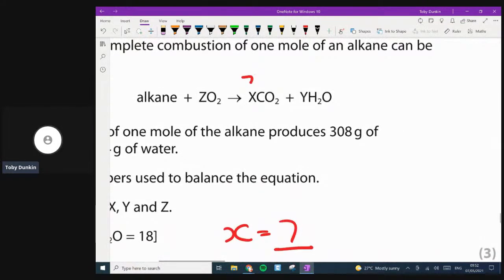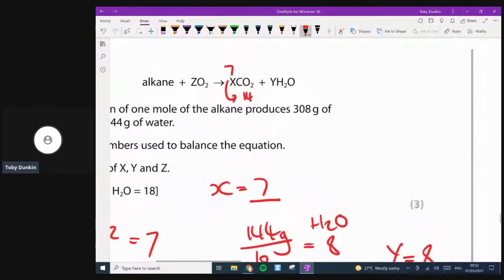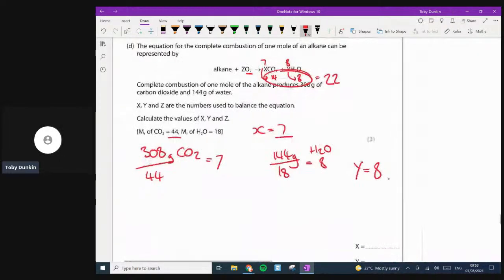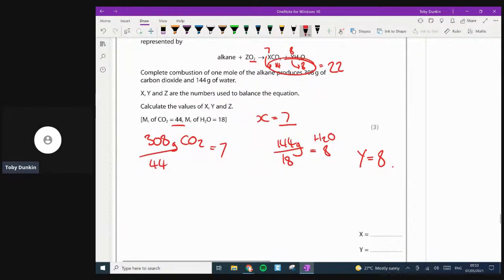X was 7, so if I had 7, then I had 14 oxygens. And I had 8 waters, so this is going to be 8 oxygens. The total number of oxygens is 14 plus 8, so that's going to be 22. Divide that in half because oxygen contains 2 of them, which means Z is 11. Yeah, so Z equals 11.